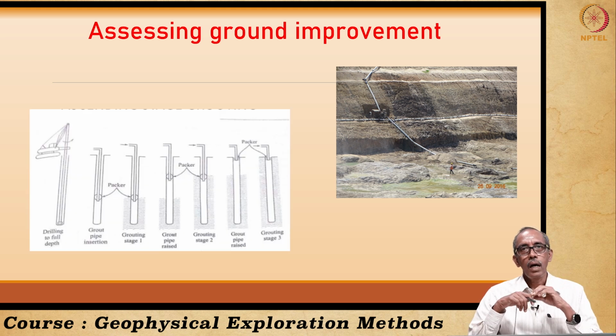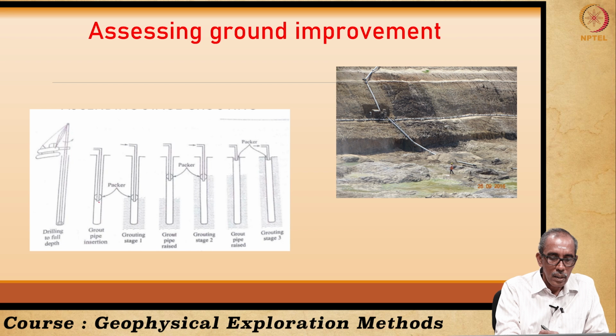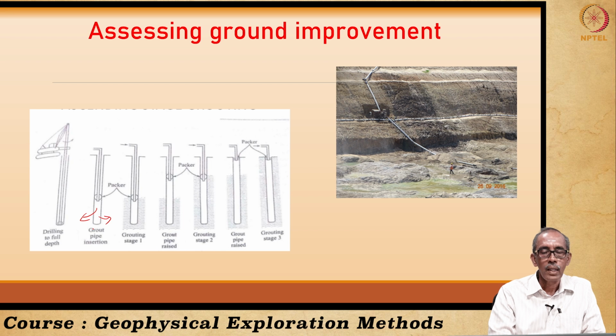So, how do we carry out the ground improvement? Ground improvement is carried out by injecting the cement grout, as I said previously. In this case, grouting is done in substages. That means stage wise we are trying to improve the ground.